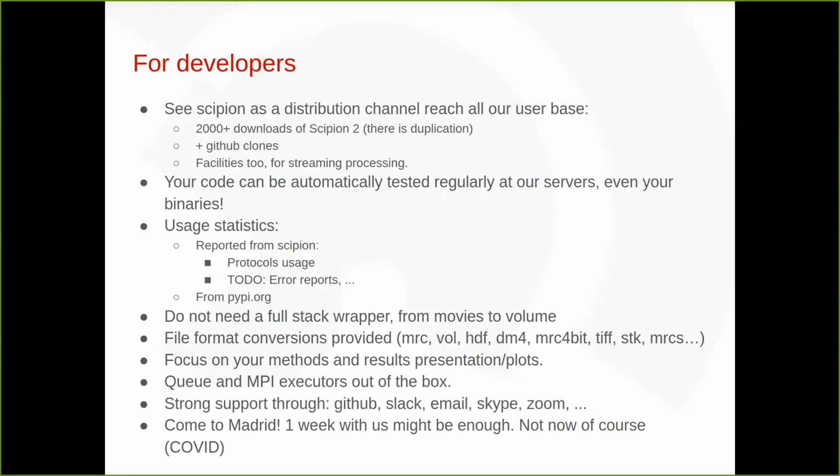And if you lack the initial steps, then you wrap it and use some other software that can do that stuff for you. In that case, you don't need to do anything like this. You just work on your software, focus on your method, and develop the plugin. And Scipion's architecture and design will do the rest for you.